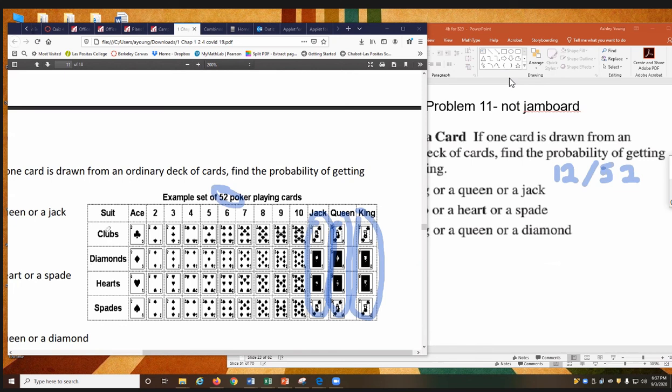So here are the clubs. Here are the hearts. Here are the spades. So it looks to me like there's no overlap between these. So there are 13, 26, 39 out of 52.